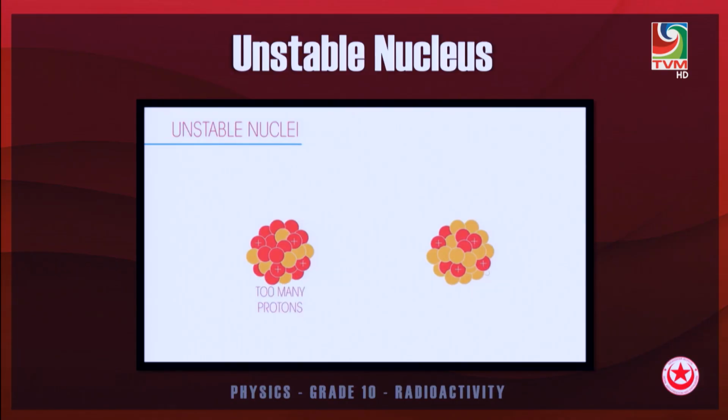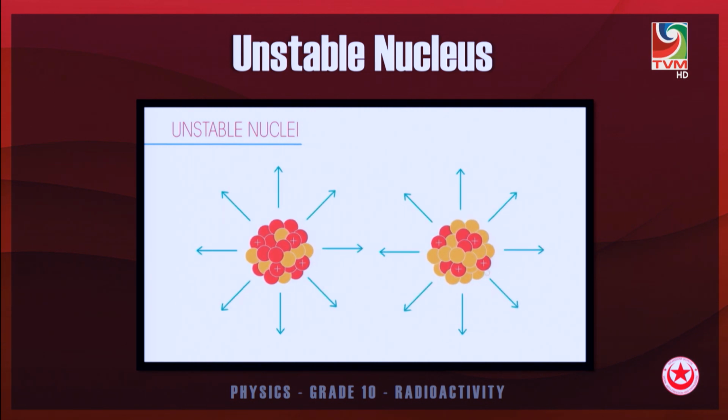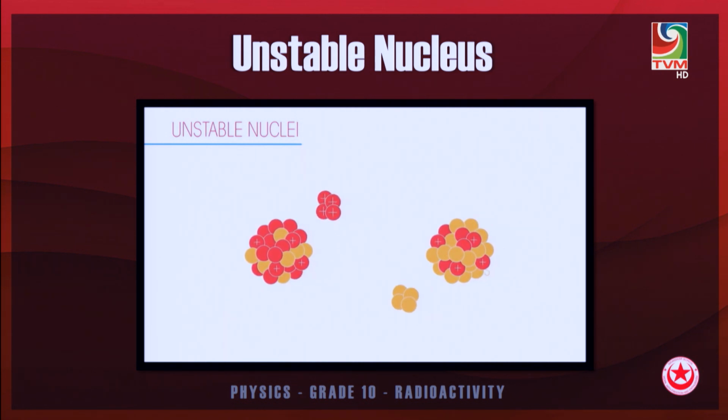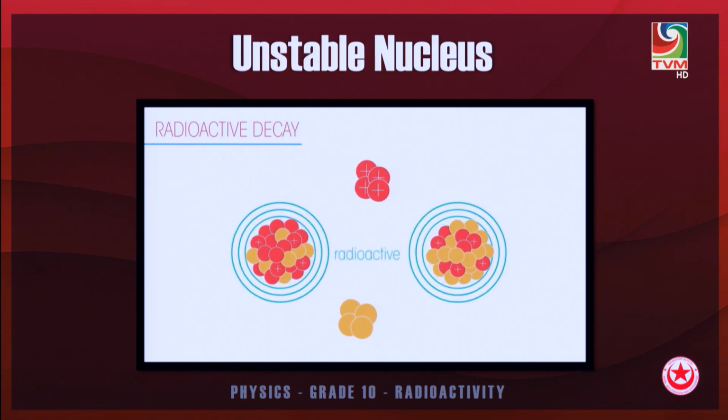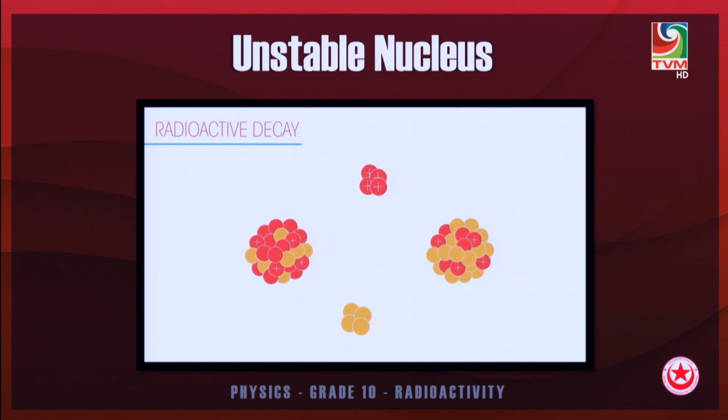But when we talk about an unstable nucleus, the case is different. Sometimes the nucleus may have an extra number of protons, and sometimes an extra number of neutrons. As a result, it becomes unstable. In this state, radioactive decay occurs.